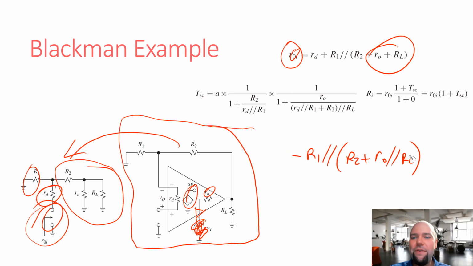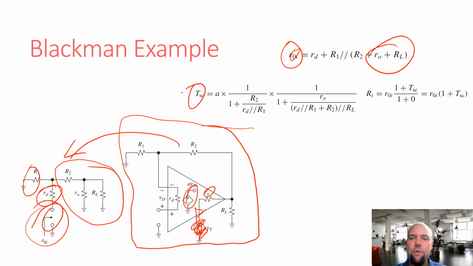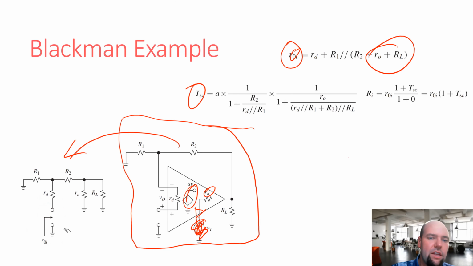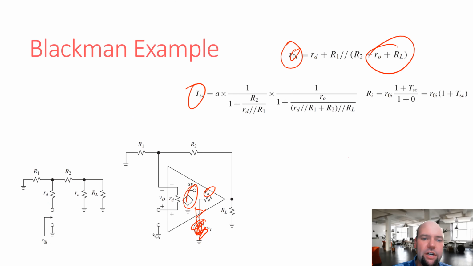So now we find the return ratio short circuit and open circuit. Let's start with the return ratio open circuit. For calculating it, we leave these terminals open.